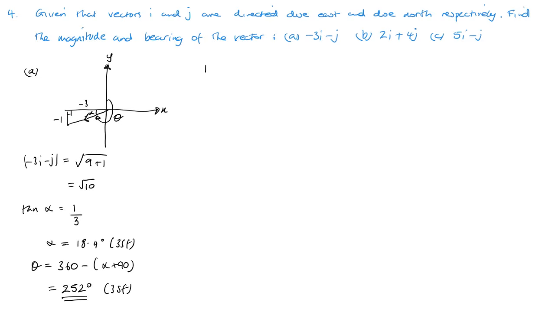Now B and C are very similar. B is probably a little bit easier. 2 across, 4 up. So we want this alpha here to be able to find our theta.